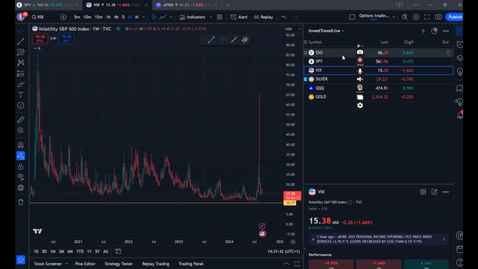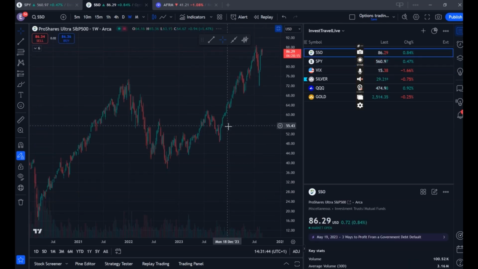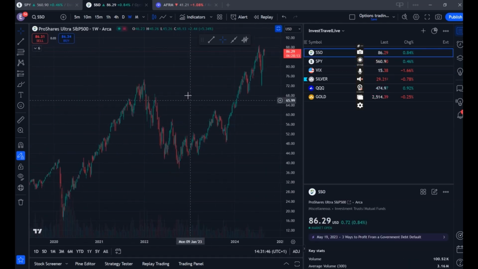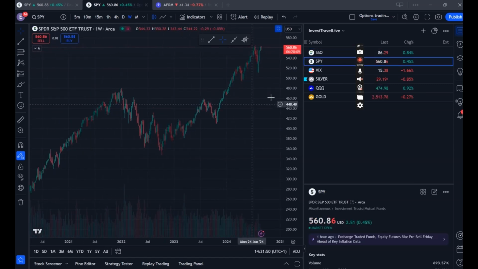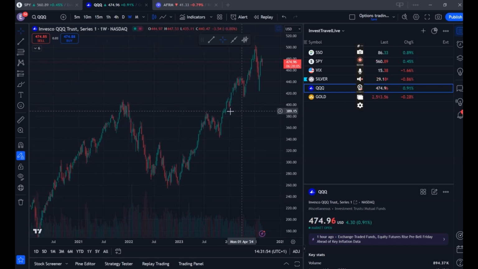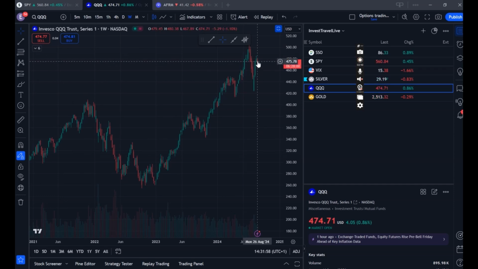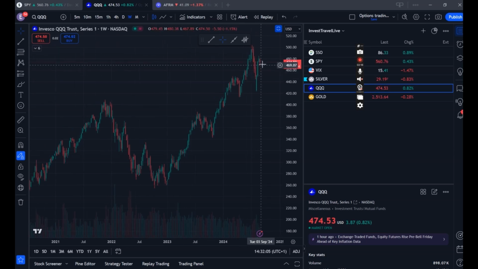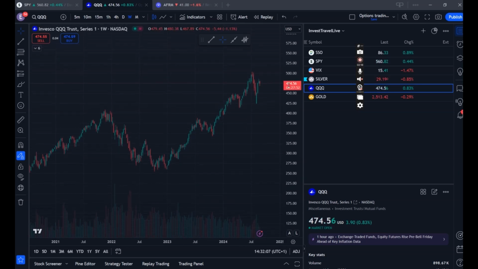Another great way to hedge against a market crash would be to look at SPY, for example, or triple Q, and then slowly buying shorts. So basically, if you buy shorts, you're betting that the market will go down. I wouldn't recommend to go all in, right?